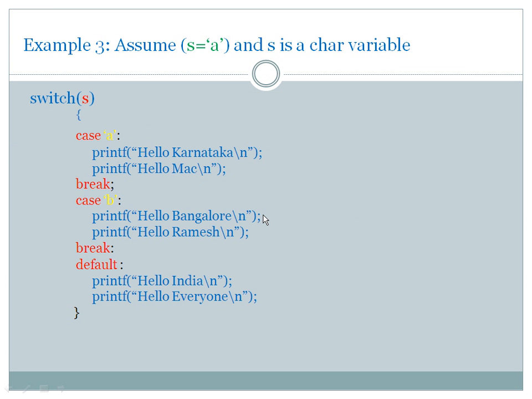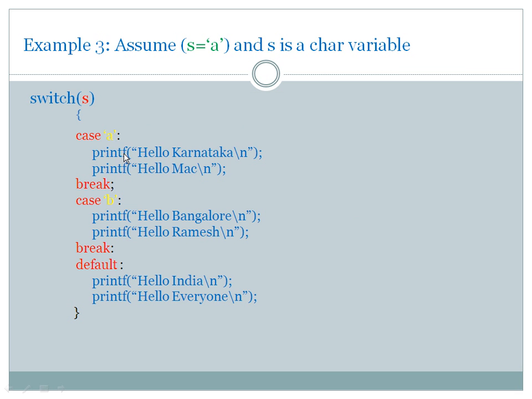In example 3, we are using a character this time. S is of char type, and we have A in S. So switch S will match the case A. You need to be careful here: we have single inverted commas.